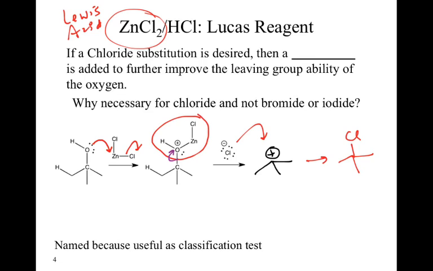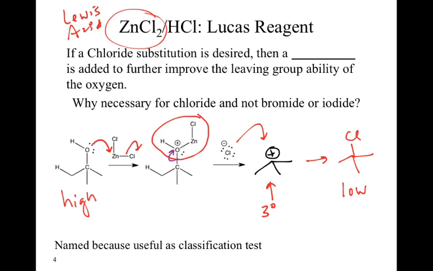The solubility of that compound is so low in comparison to your starting alcohol, which is relatively high, that once you've mixed these reagents, if you see this kind of turbidity or a slight powdery, messy solution, that means that what you started with was a tertiary alcohol. The faster the reaction occurs, the more likely you form a stable intermediate, which means you had a tertiary alcohol as opposed to, say, a secondary or a primary.